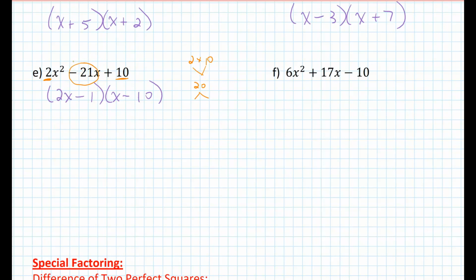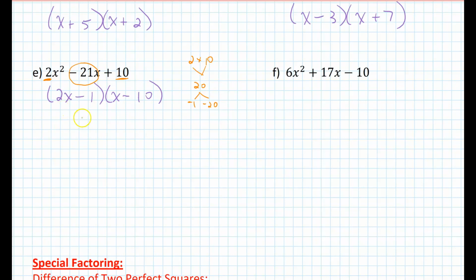If I have a positive 20 but a negative middle term, what does that mean about those two terms? They both have to be negative. Okay, and I usually just go in order. I'll start with negative 1 and negative 20, and does that add up to negative 21? Yes. And don't you love when that happens on the first try?